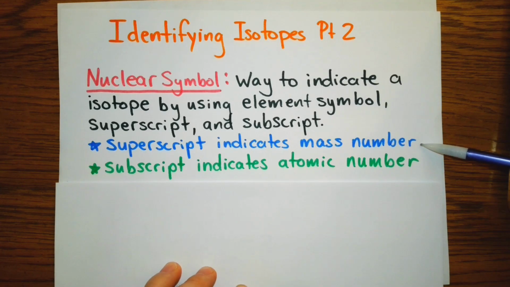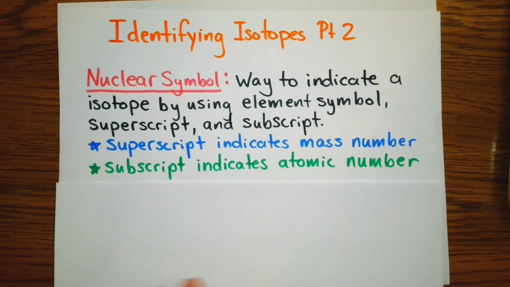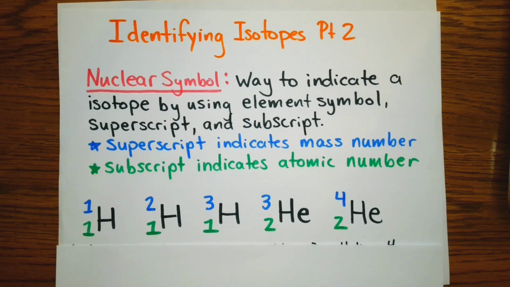Because the mass number tells the number of protons plus neutrons. The atomic number tells us the number of protons, right? So all the isotopes of a particular element will have the same subscript. The thing that's going to change is the mass number, okay? And you should be able to recognize that if there's a mass number change, that is a neutron change.